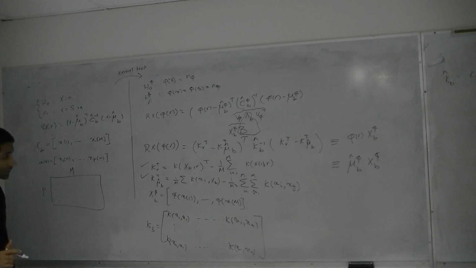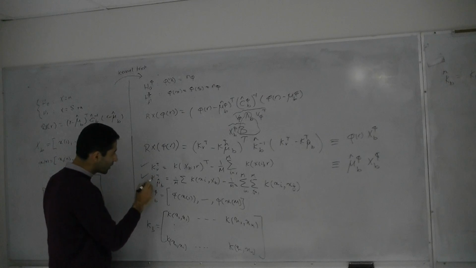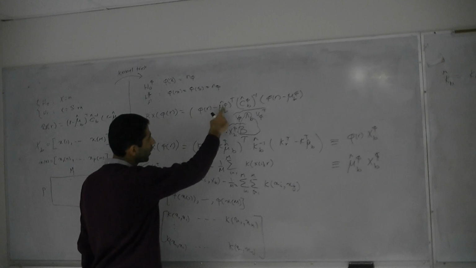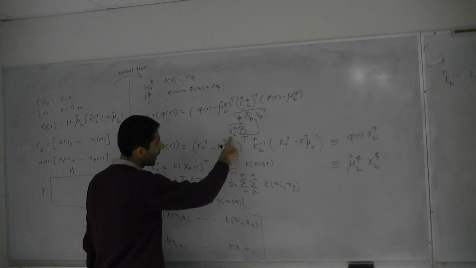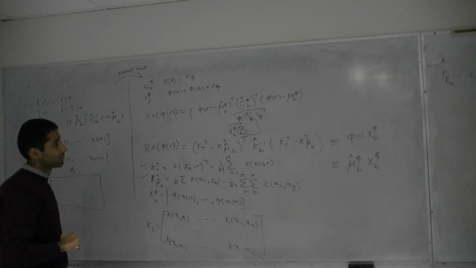So K mu B transpose is the multiplication of mu B phi multiple x B phi.